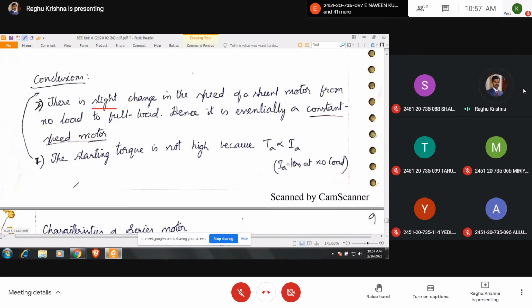Next, the starting torque is not high, because torque is proportional to Ia, and Ia will be less at no load. At no load condition, the torque will be very less. So the shunt motor is used where constant speed is required and the torque requirement is not high.